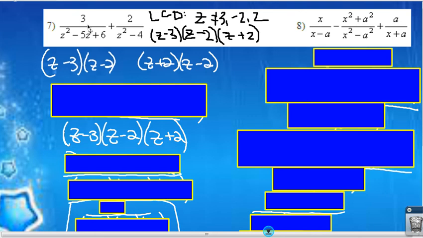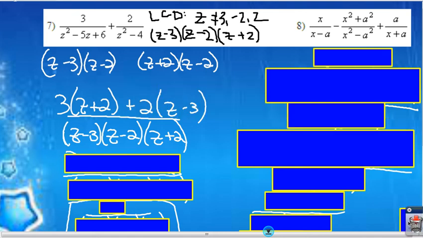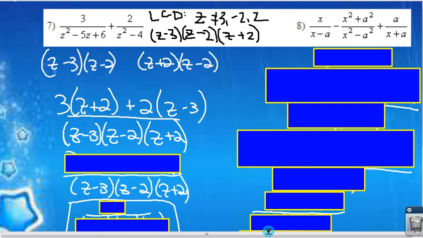Let's figure out what we need to multiply by. This particular fraction is missing z plus 2, so we're going to take the 3 and multiply it by z plus 2. This second fraction is missing z minus 3, so we're going to take the 2 and multiply by z minus 3. Again, keeping it over the same denominator, you're going to simplify.